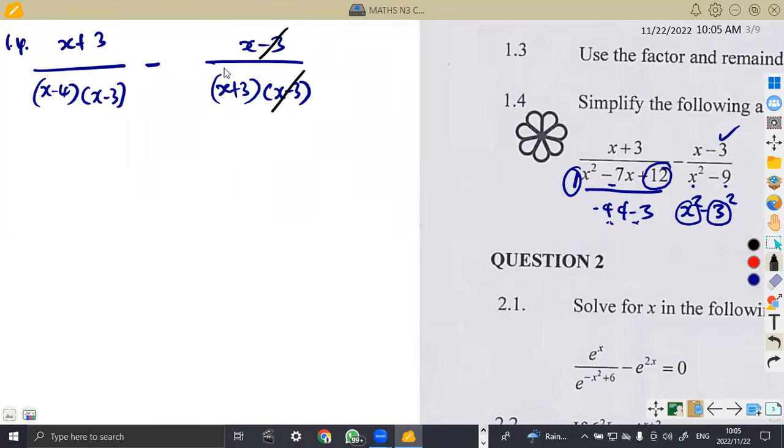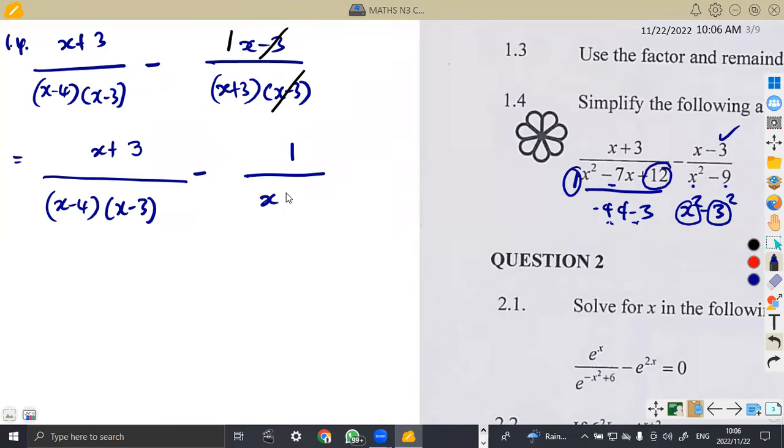So you can cancel some of these things, guys. Don't keep on like these fractions. You can actually cancel them. So that means we were going to remain with x plus 3 over x minus 4 into x minus 3, minus 1 over x plus 3. So that is what you're going to have at the end.